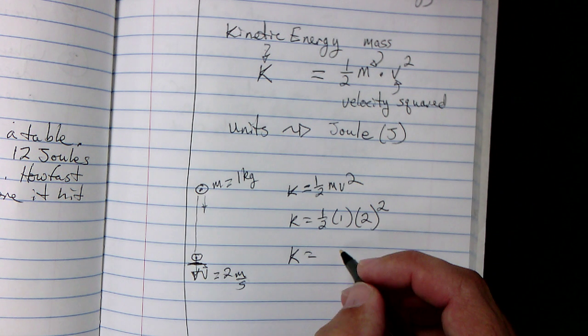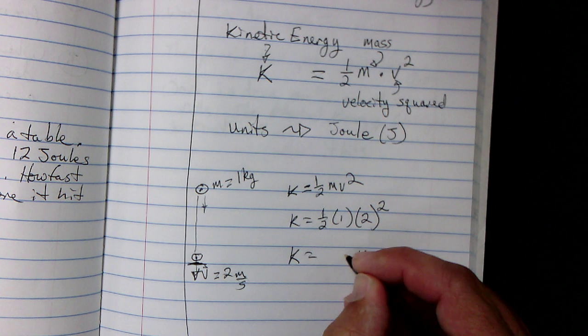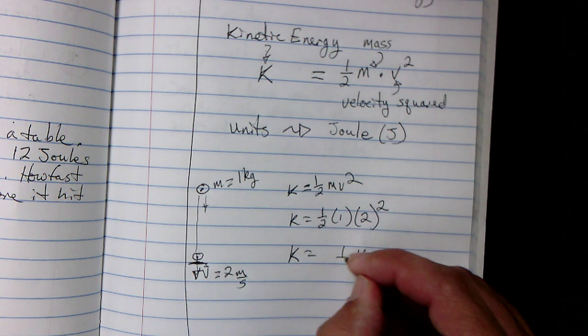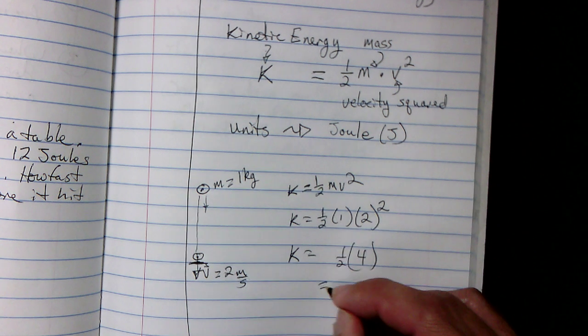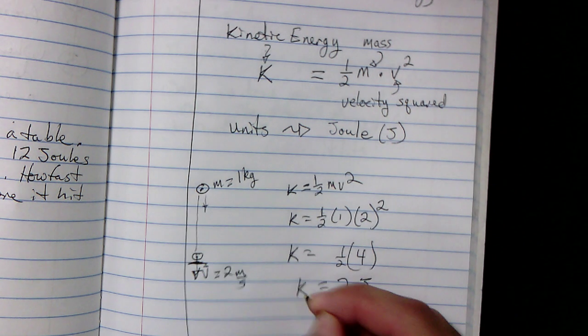K equals 2 squared is 4, times 1, which is 4, times 1/2. So 1/2 times 4 is equal to 2. And the units for this will be joules. So K equals 2 joules.